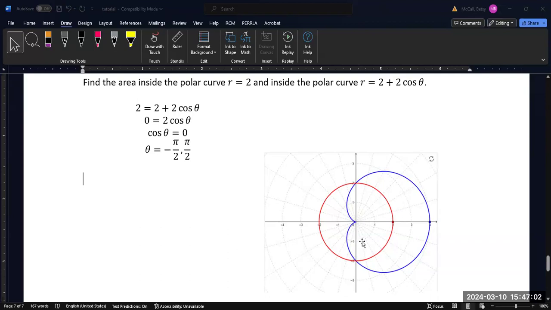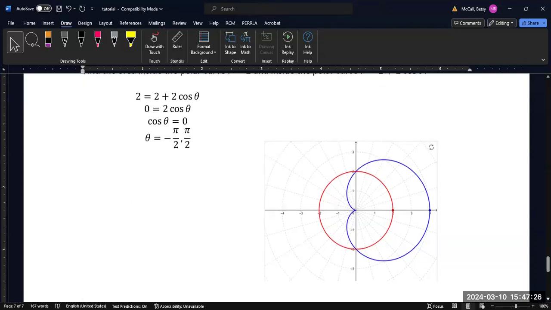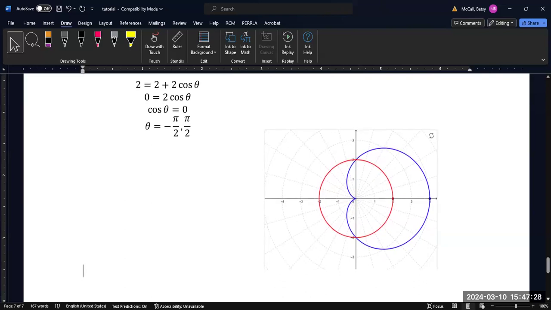But the kind of problem that we're doing here is actually going to require us to be a little bit more careful, because we also have to deal with area that is bounded specifically by the cardioid, but which is still inside the circle. So let's look at this graph a little bit more carefully and make sure that we are setting up our area correctly.